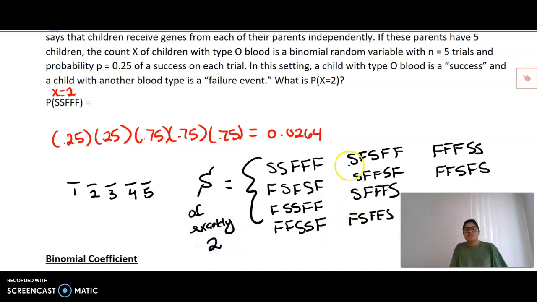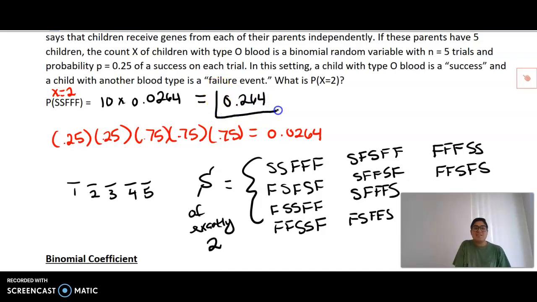Exactly 2 have it. So that means, let's see, there are 10 outcomes. So I'm going to take now 10 times the probability of this happening, which means it's going to give me a probability of about 26% chance that exactly 2 of my 5 children are going to have O blood type.